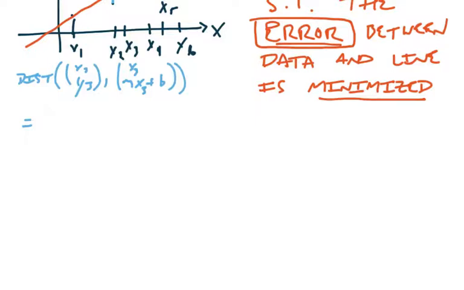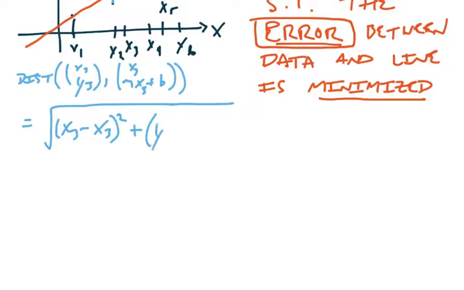So what I mean here is the square root of x3 minus x3 squared plus the difference y3 minus mx3 plus b squared.